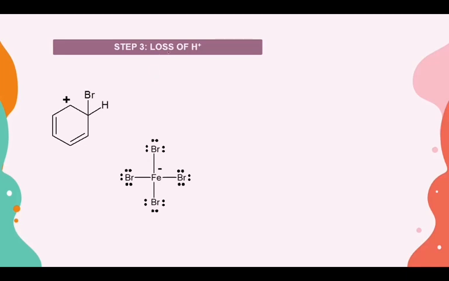Now we want to remove H plus from the neighboring carbon of the arenium ion, so this hydrogen will be removed. The lone pair from FeBr4 minus will attack the H atom and make the C-H bond break, and 2 electrons will go to this side so that you get back the double bond in the benzene ring.